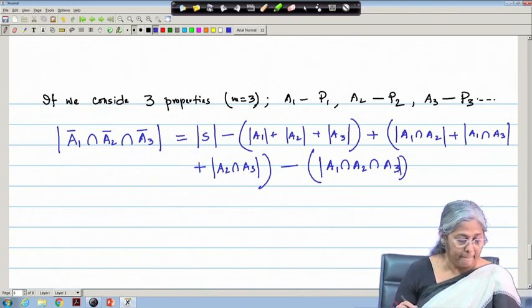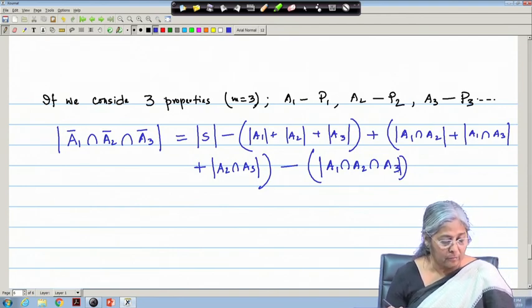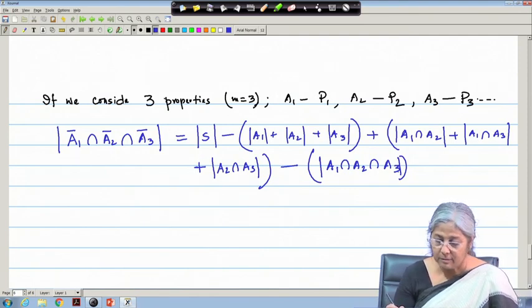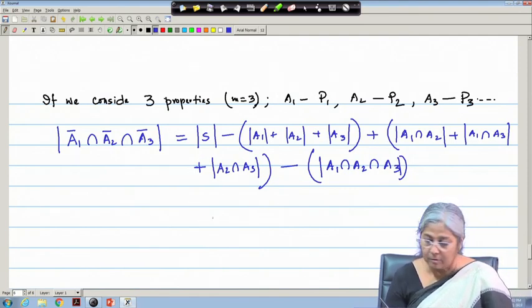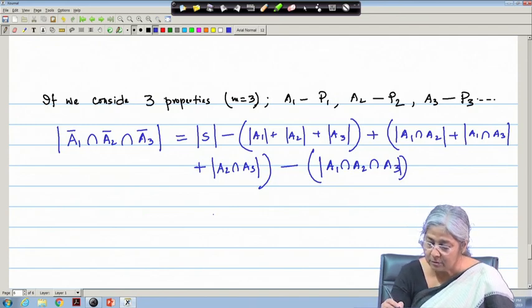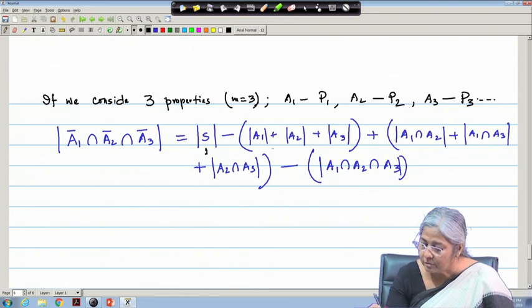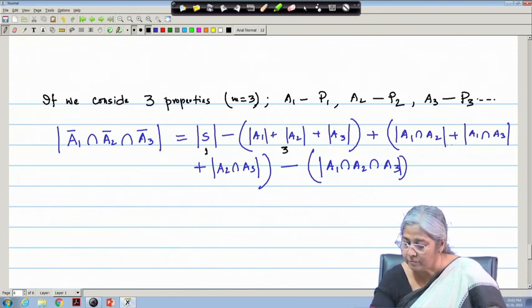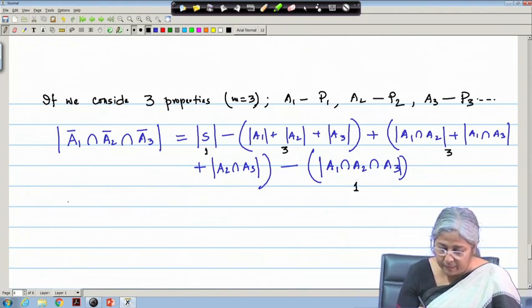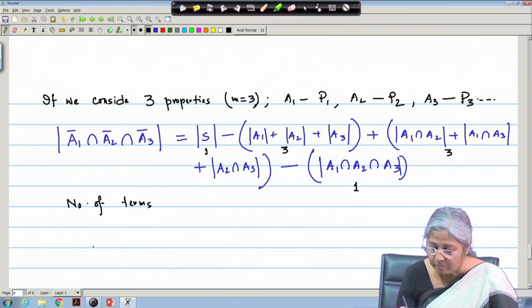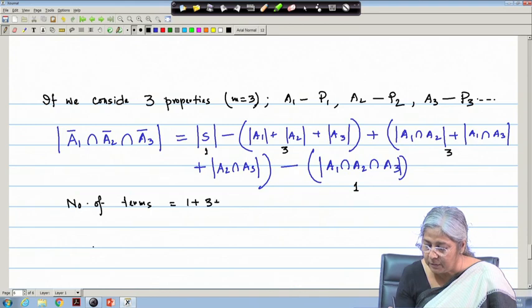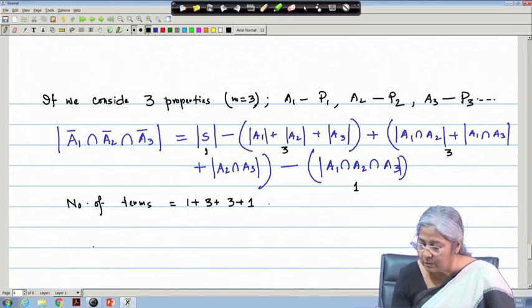Now, see, how many terms do we have in the right hand side? Here I have 1 term, here I have 3 terms, here I have 3 terms, here I have 1 term. So, number of terms is 1 plus 3 plus 3 plus 1 is 8.